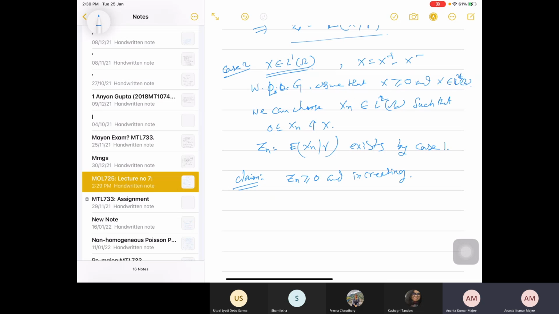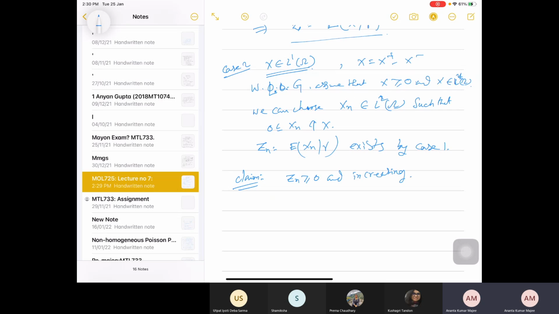So I can find a bounded sequence fn such that fn converges to f monotonically. Since it is bounded, it is automatically in L2. That is why I wrote that we can choose xn in L2 such that 0 is less than or equal to xn, which increases to x.